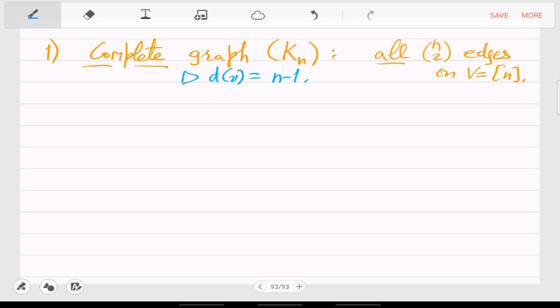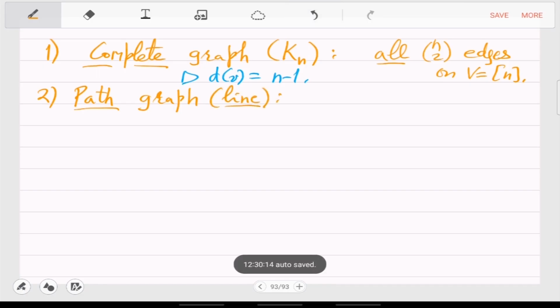Second is the path graph. Path graph is just a line actually. It is just vertex V1 connected to vertex V2, connected on to vertex Vn. So there are n vertices and n minus 1 edges in some sequence.